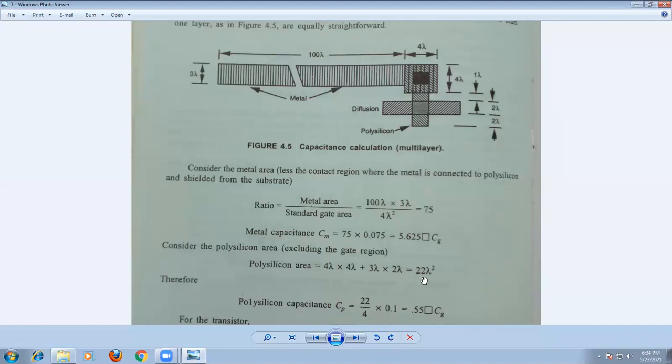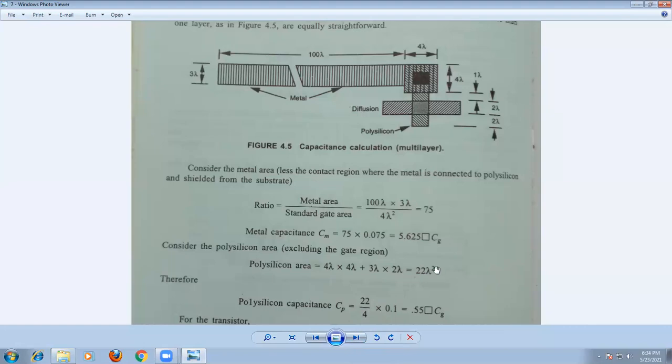What is the value of polysilicon's capacitance? 22, right, into the relative value of the poly to substrate capacitance. So what is the value now? What is the relative area?